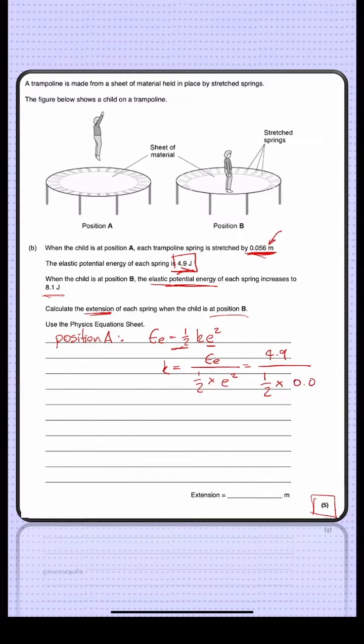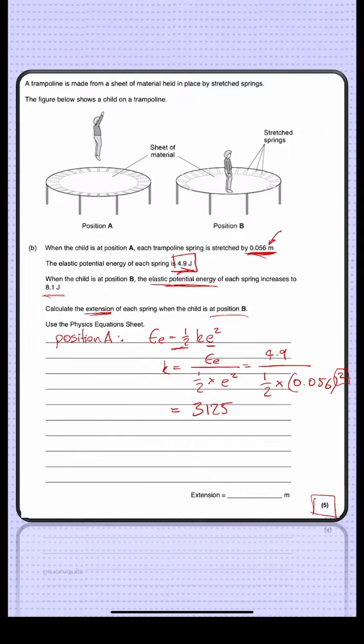But remember to square that. 0.056 squared. That's what you need to put in your calculator. If you put that into your calculator, anyone done that yet? Remember to square this separately, yeah? Don't forget to square that. Yep, 3125 you should get. So that's the spring constant.